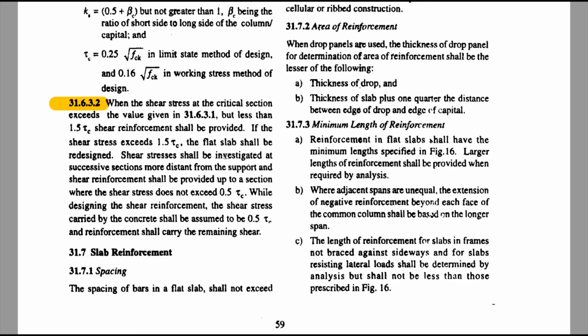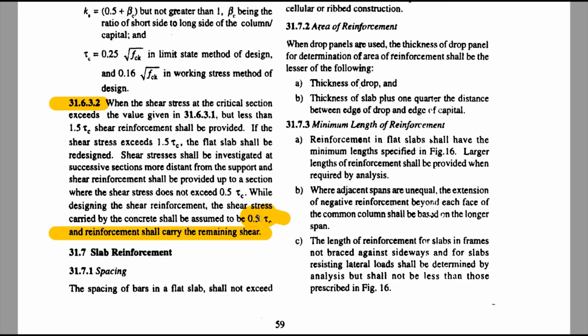Shear stress shall be investigated at successive sections farther from the support, and shear reinforcement shall be provided up to a section where the shear stress does not exceed 0.5 tau c. While designing the shear reinforcement, the shear stress carried by the concrete shall be assumed to be 0.5 tau c and reinforcement shall carry the remaining shear.